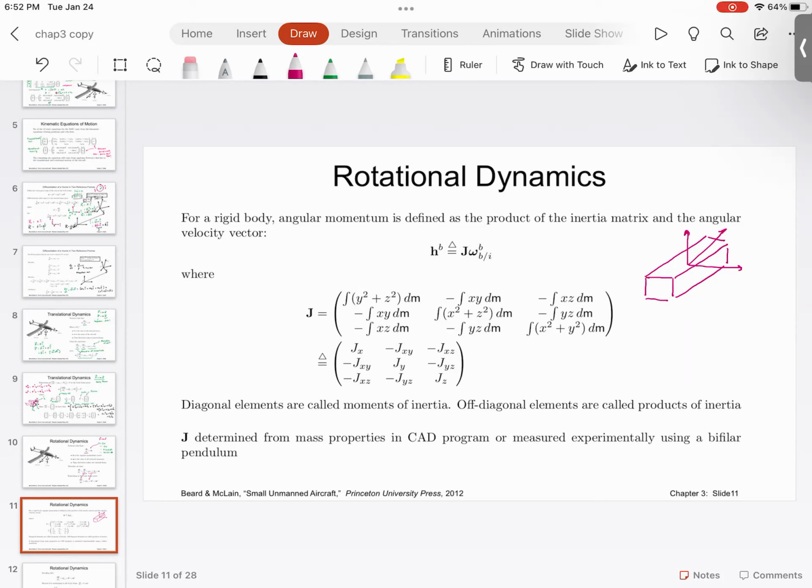The terms on the diagonal are the moments of inertia, and the terms on the off diagonal are the products of inertia. So Jx, Jy, Jz are the moments of inertia, and Jxy and so on are called products of inertia. And this, which is a 3x3 matrix, is called the inertia tensor.